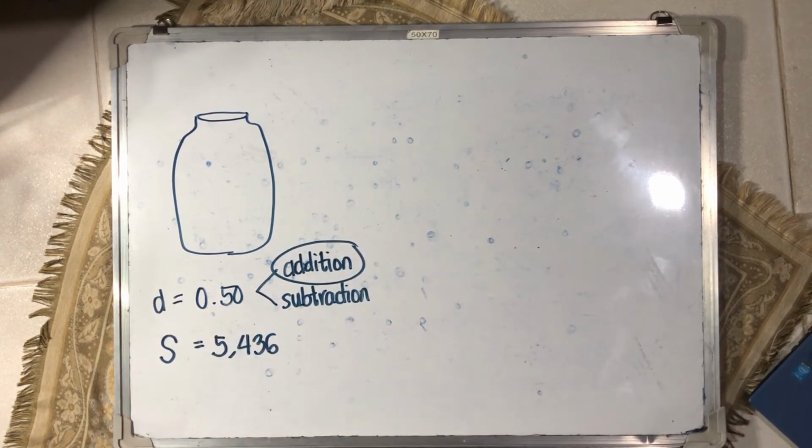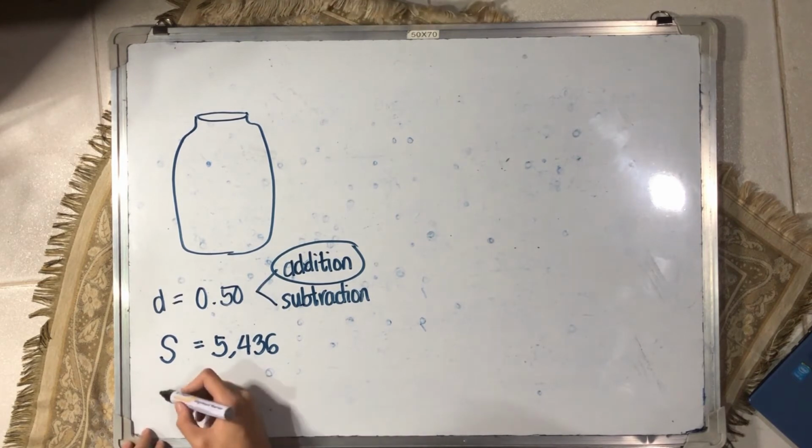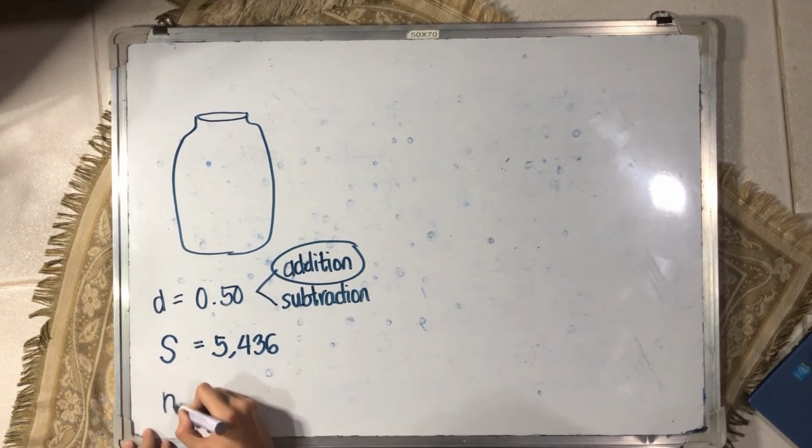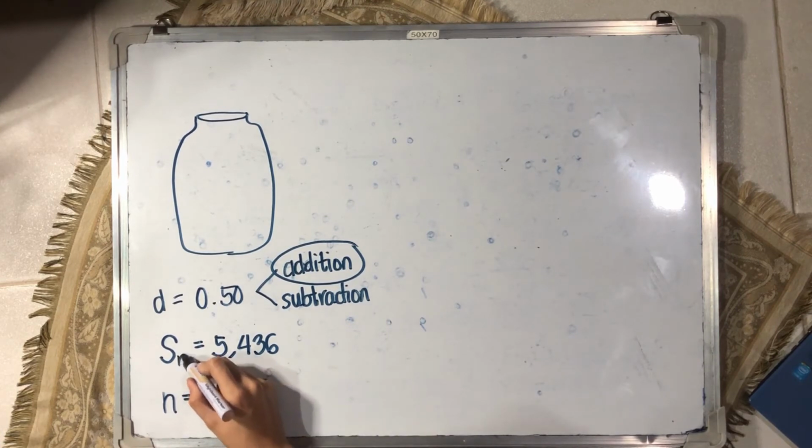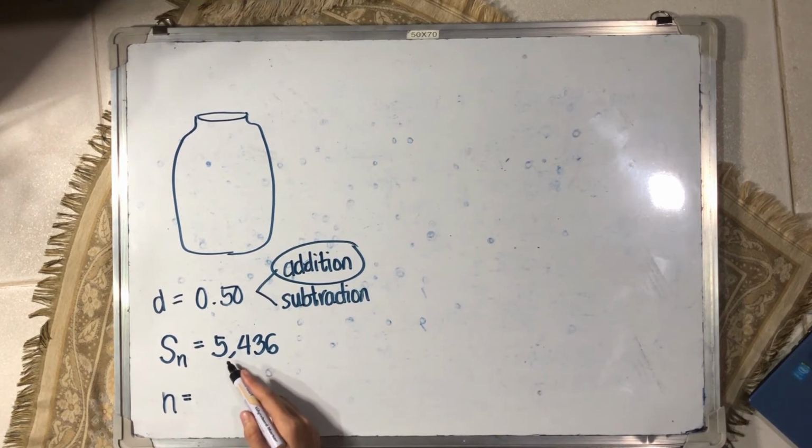So, that's a common difference nga talaga to confirm. Okay? Naglalagay daw siya dyan ngayon. Ito daw yung magiging sum niya after 12 years. Okay? Ang denotation natin sa sum after the 12th year is S sub n, itong 5,436.